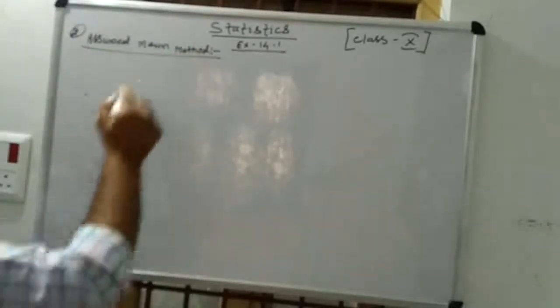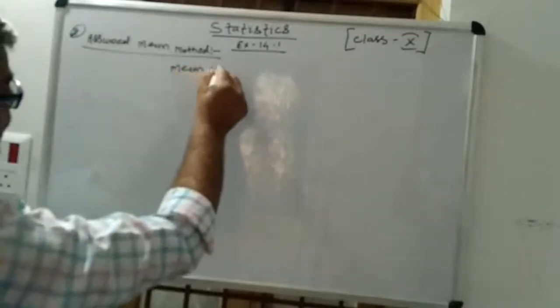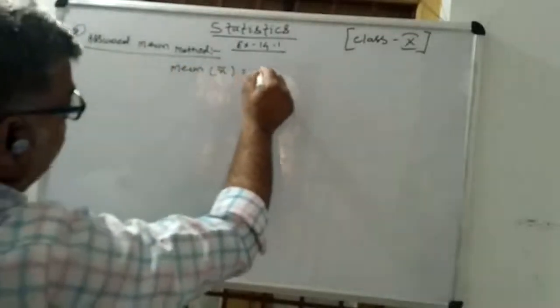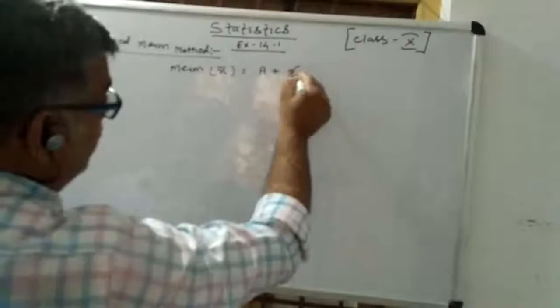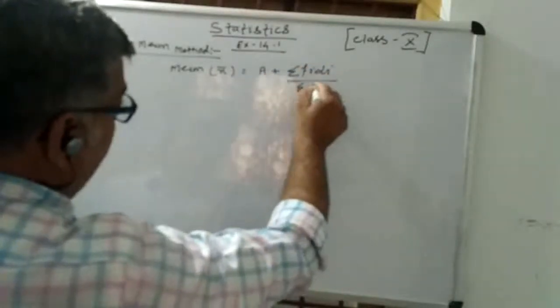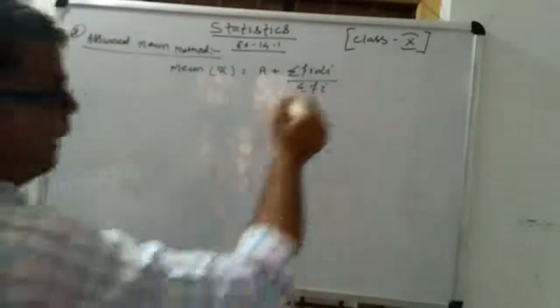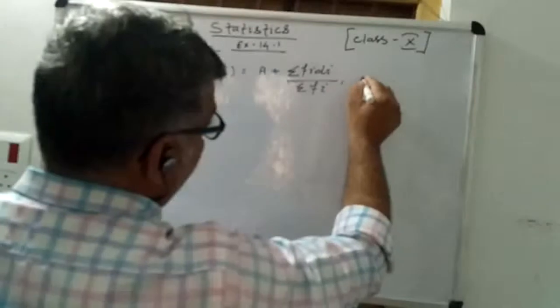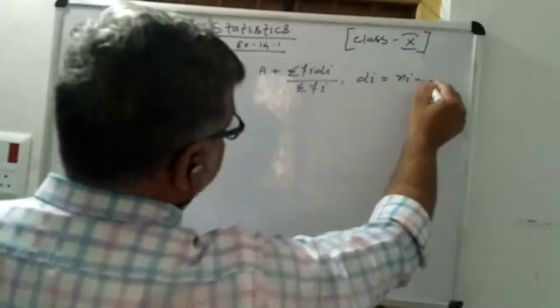First you write the formula for this method. Mean, that is x bar, equals a plus sigma fi di by sigma fi. This is the formula for the assumed mean method, where di equals xi minus a.